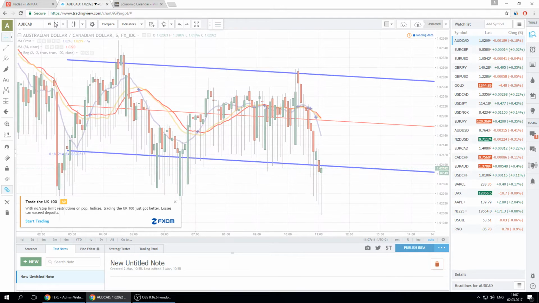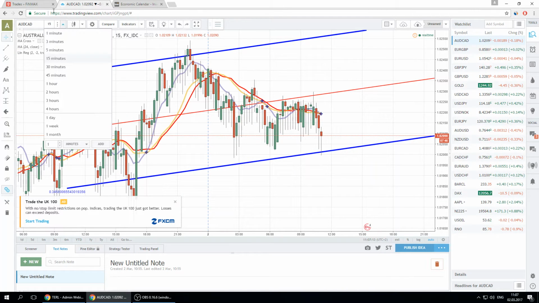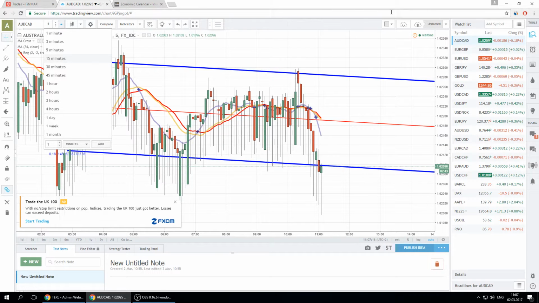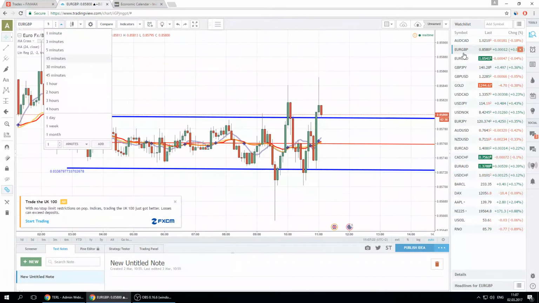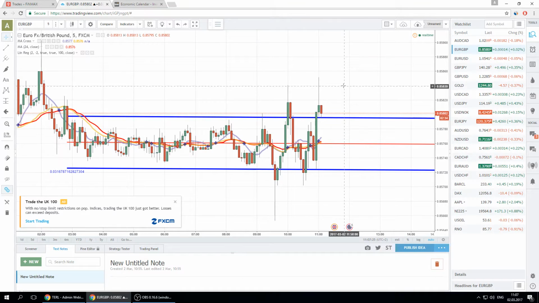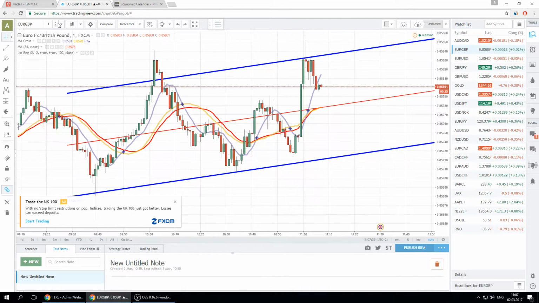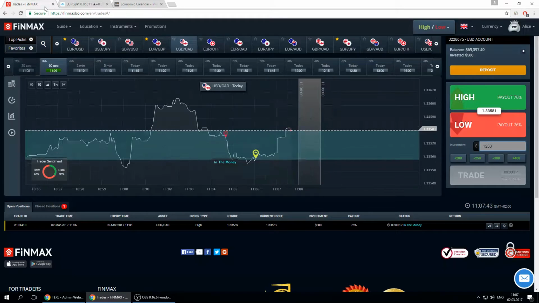Australian Canadian dollar. Well, pretty controversial. So far, so good. Okay, here. Not that clear. I would better open for up, but as it's not clear, I won't do that.